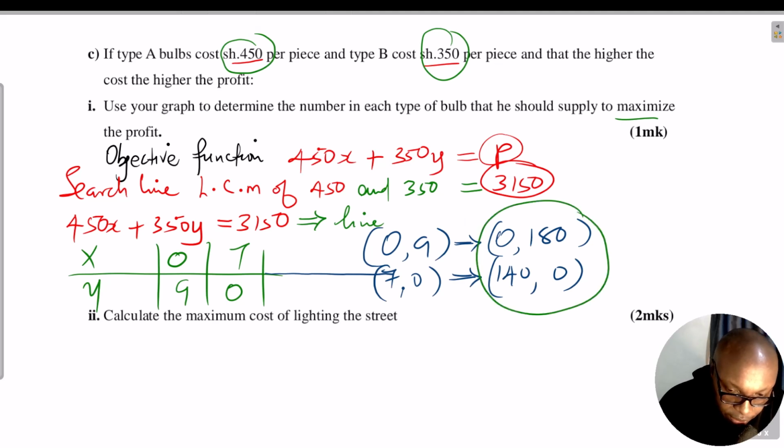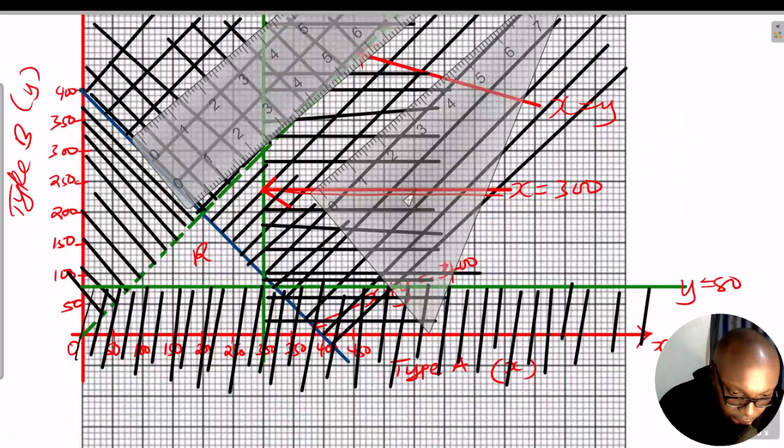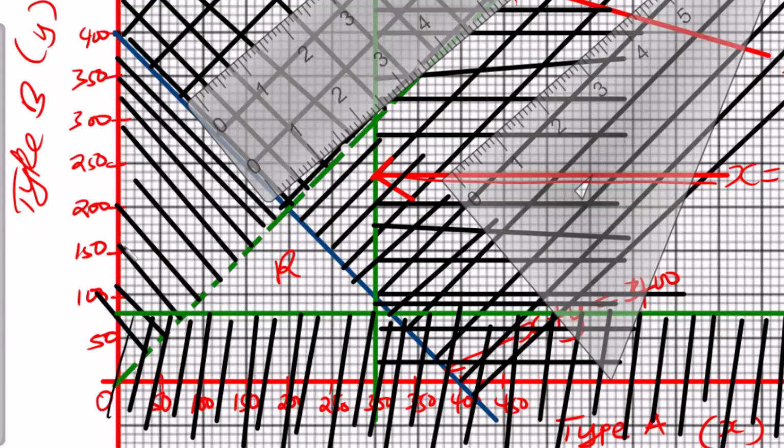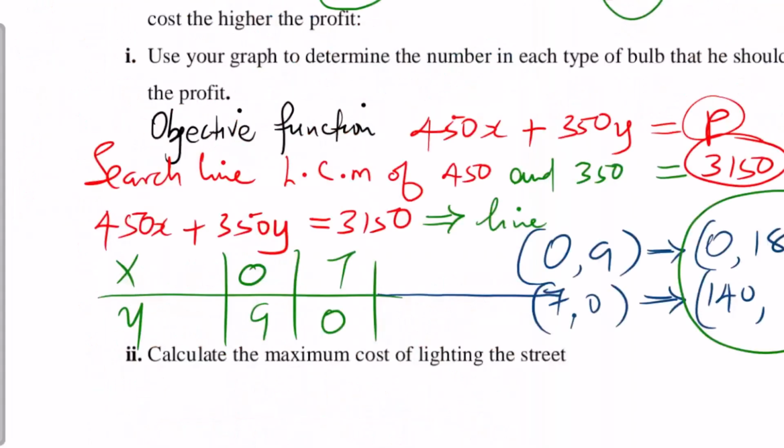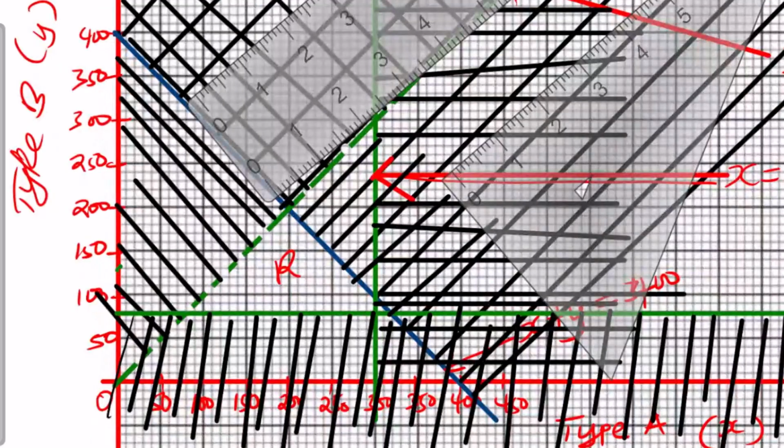So (0, 180), I can plot that. So (0, 180) will be somewhere here. This is 160, 170, 180. Then (140, 0), the other one. 140 will be somewhere here. So (140, 0).